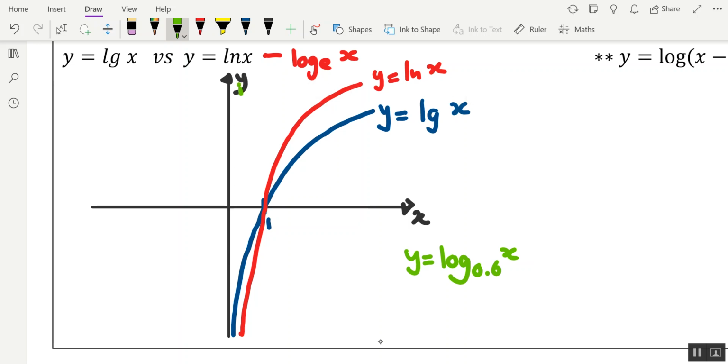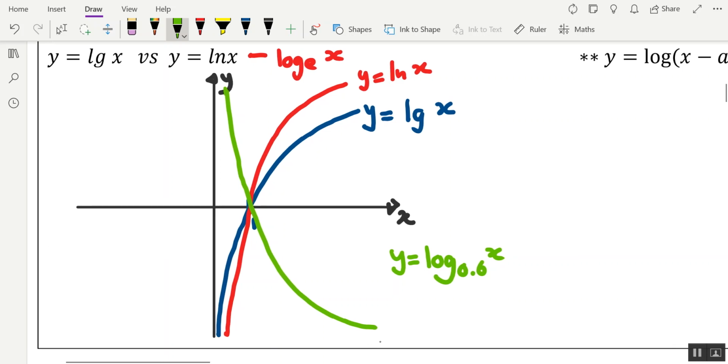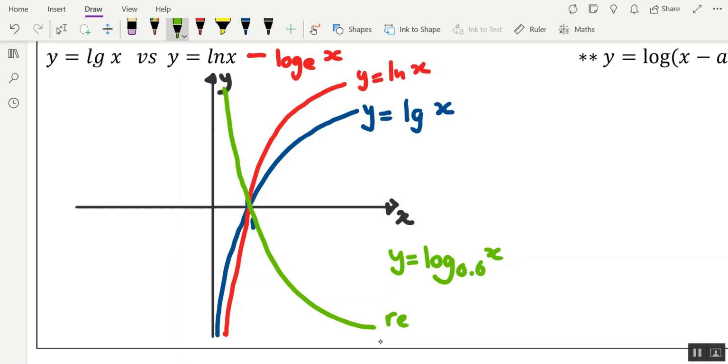It will start very close to the positive y, it will hit 1, and then after that it will go downwards. But this is not a very good representation. In this case, it should go past 1 and go this way. So if your base is less than 1, it is a reflection on the x-axis.